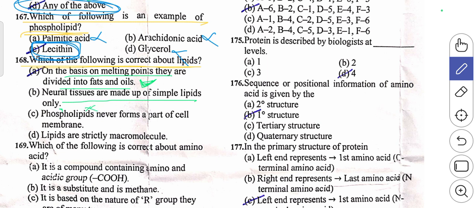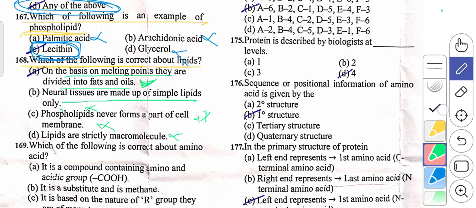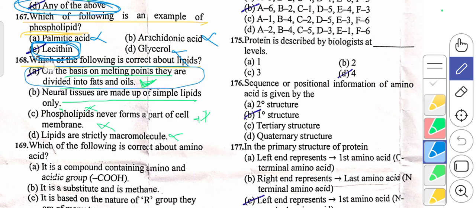So this is wrong. Phospholipid never forms a part of cell membrane. So this is wrong. Cell membrane is mainly constituted with phospholipid. Lipids are strictly macromolecules. So this is also wrong. Actually, it is a micromolecule. So the first option will be considered as correct regarding lipids here.